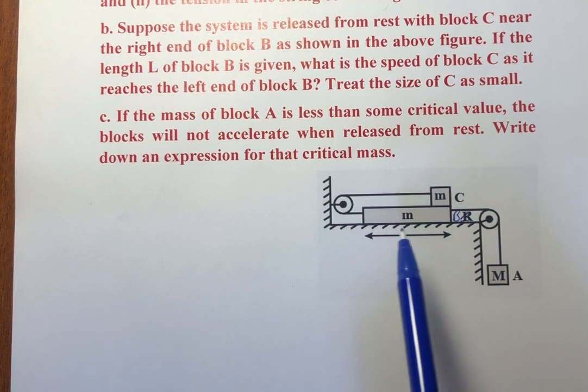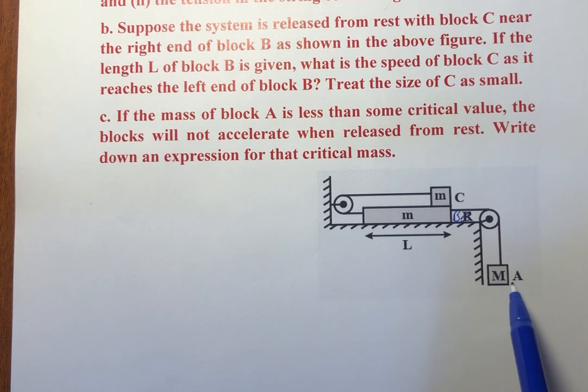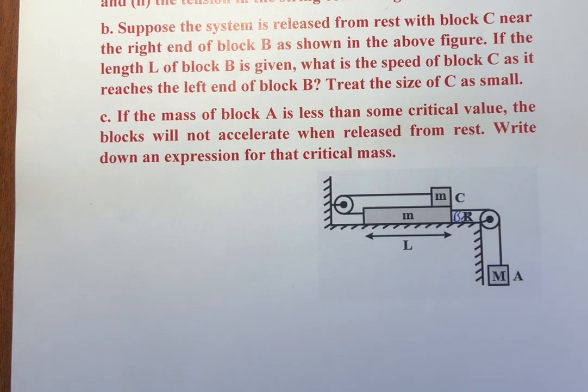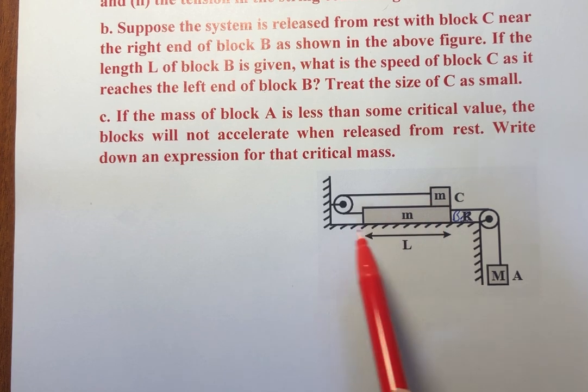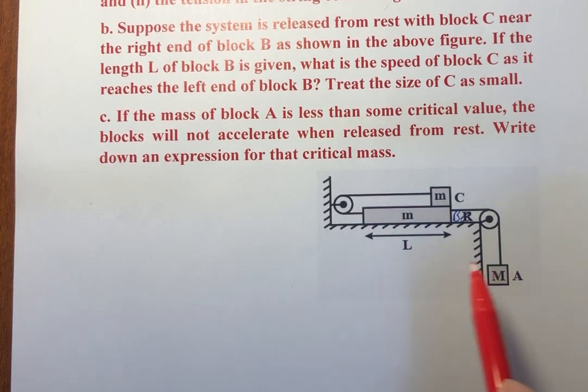So in the first part, we are going to find out what will be the acceleration of A and the tension in the string which is connecting B and C. This is our first part. So before that, first of all, let's find out the constraint relationship between the accelerations of all the blocks.